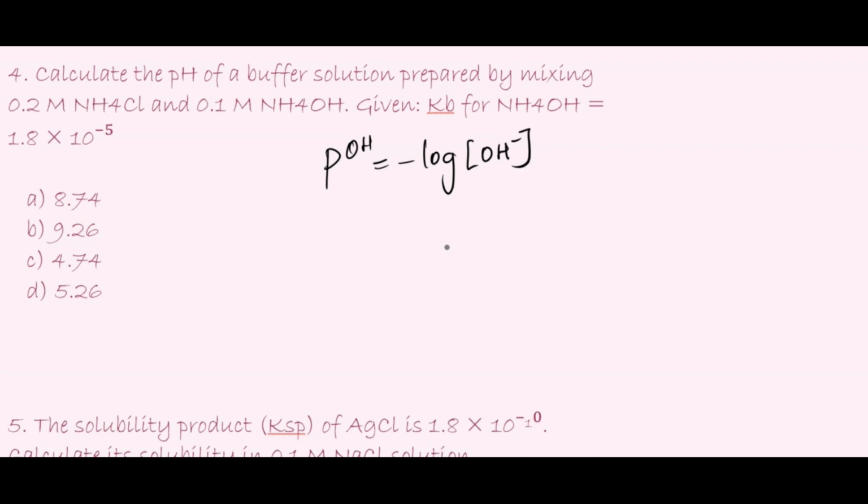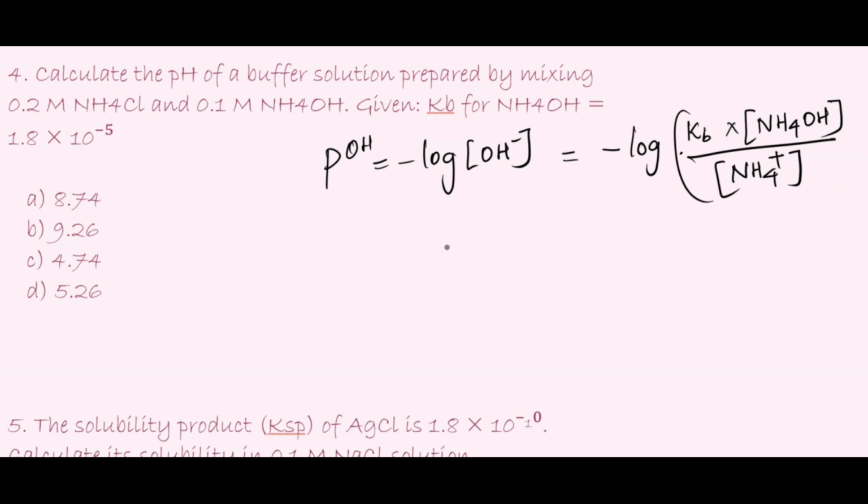Also we know that pOH is equal to minus log of Kb into concentration of the base divided by ammonium, correct?